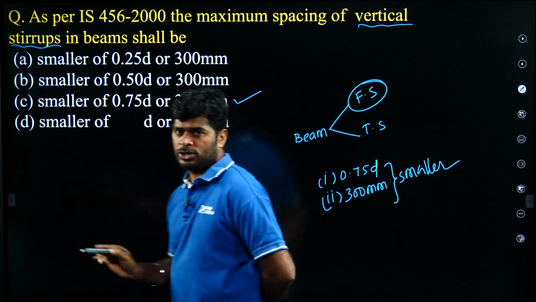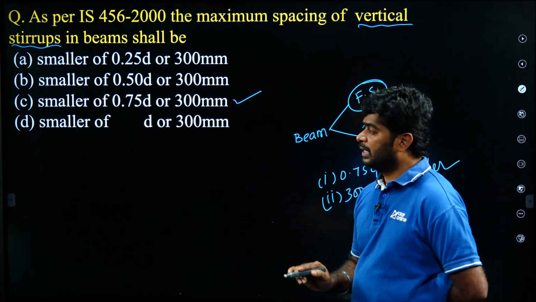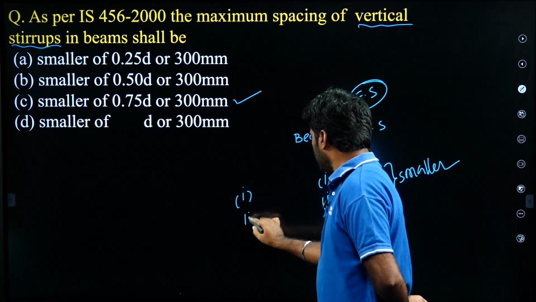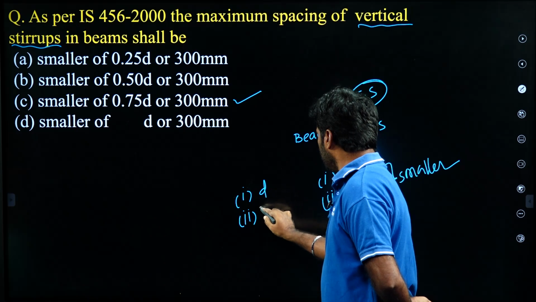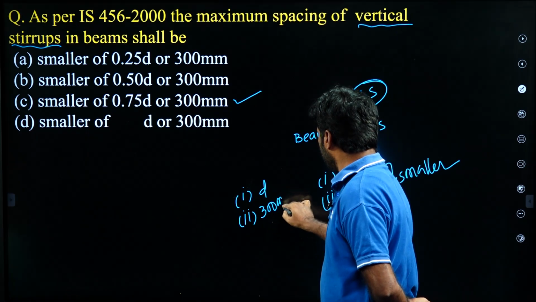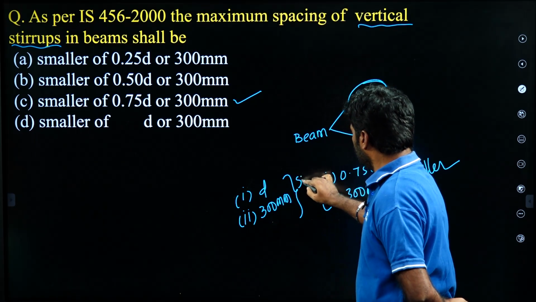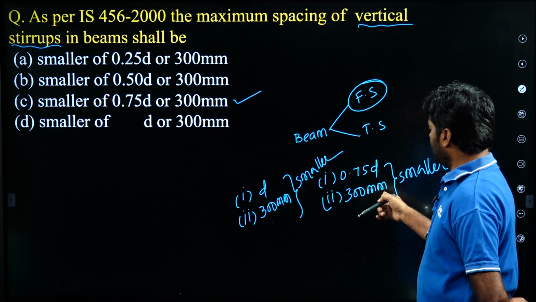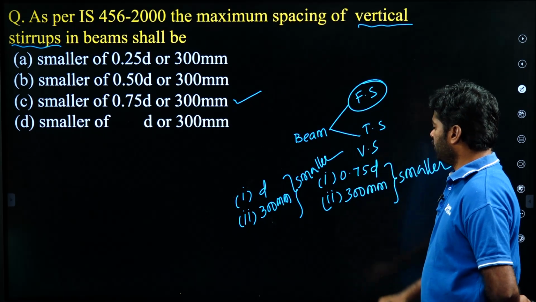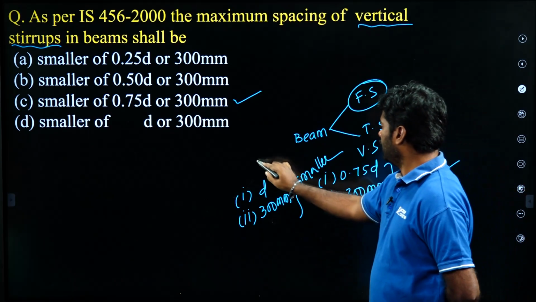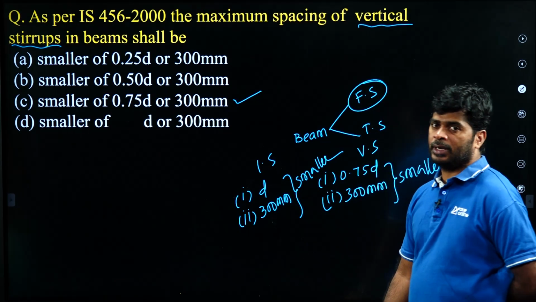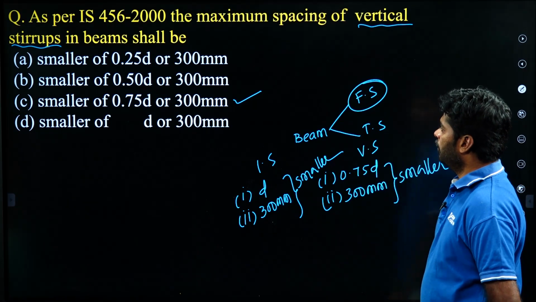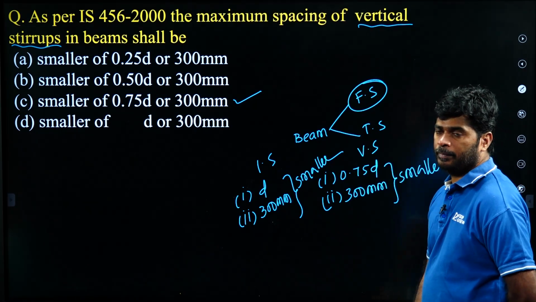Suppose the question gives inclined stirrups, then the maximum spacing for inclined stirrups will be d or 300 mm, whichever is smaller. For vertical stirrups, 0.75d or 300 mm. For inclined stirrups, d or 300 mm, whichever is smaller. Where d is the effective depth of the beam.